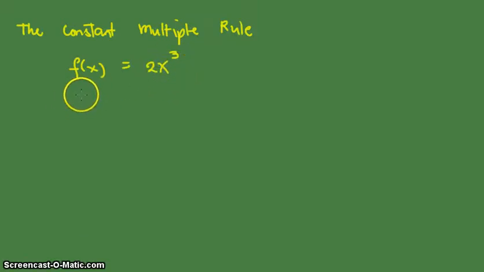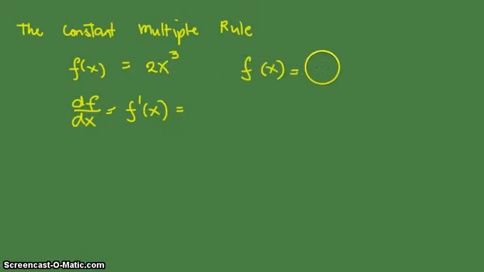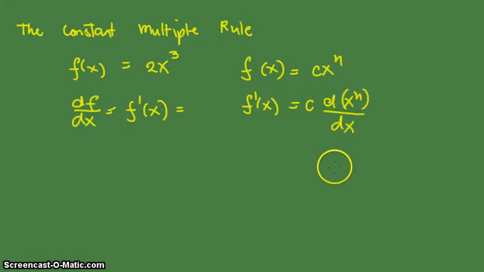The rule for this type of function is that the derivative of f with respect to x, which is basically f prime of x, will be equal to, so let's make it in general. If the function is, say, c times x to the n, the derivative will be the constant, and then the derivative of x to the n with respect to x.